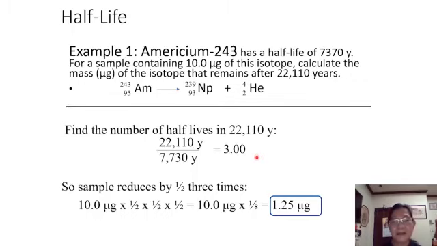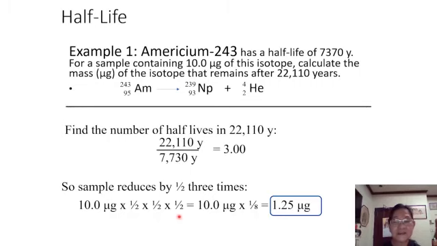Applying this to the concept of half-life, for the first half-life, 10 micrograms has been reduced to 5 micrograms. In the second half-life, 5 micrograms is reduced to 2.5 micrograms.